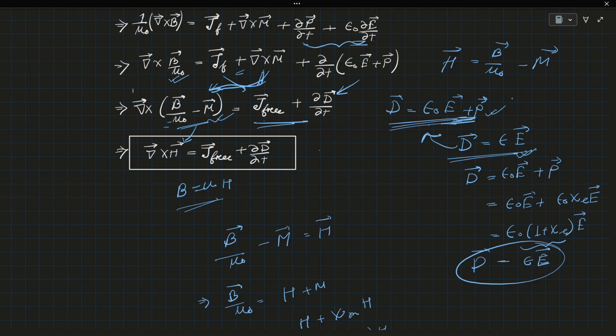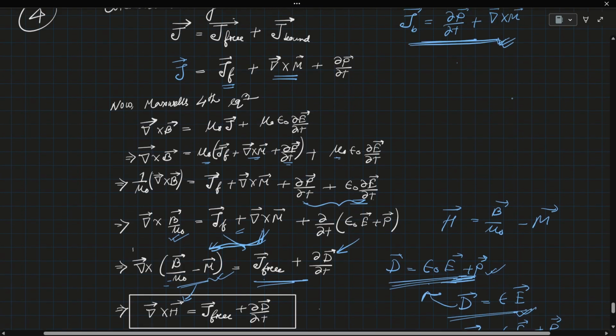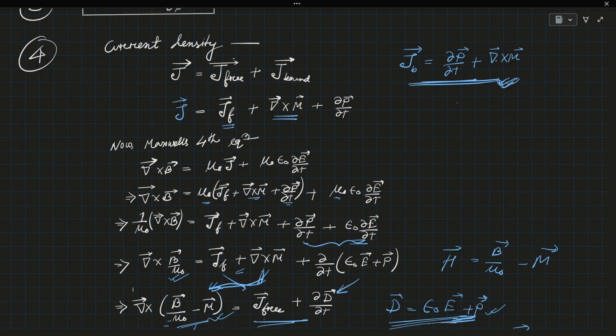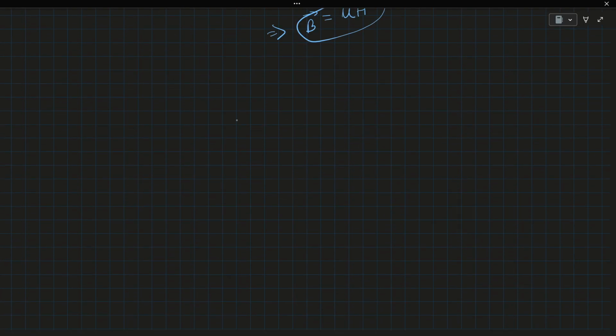Now, earlier I told you to just remember this: J bound equals del P del T plus del cross M. So how have we got this? Let's talk about it. We all know the continuity equation, right?